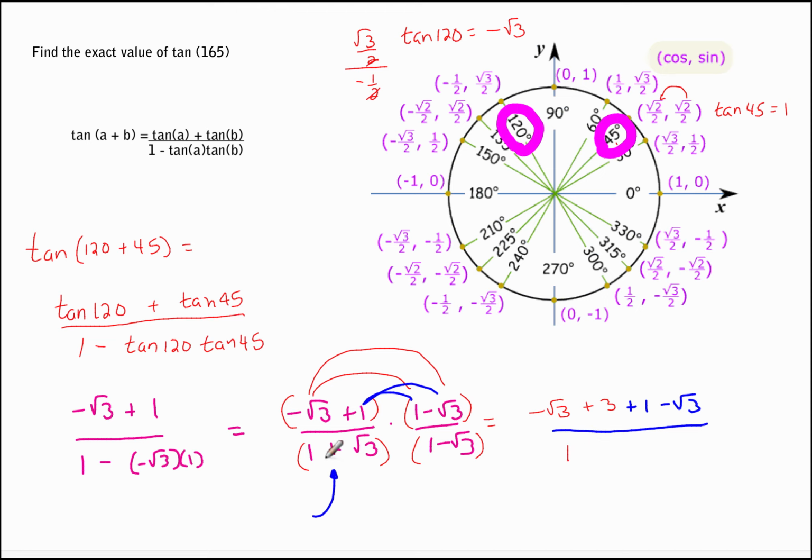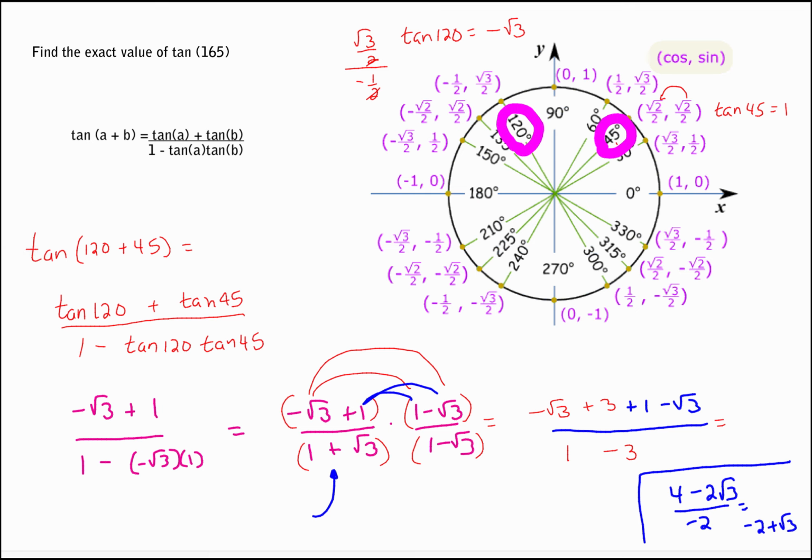So we're left with the front term, which is 1 times 1, and the back term, which is radical 3 times negative radical 3, which becomes minus 3. So this finally boils down to my answer of 3 plus 1 is 4, minus radical 3 and minus radical 3 is minus 2 radical 3, over negative 2. Well, wait a second, we're still not done because we can divide out here and we can get negative 2 plus radical 3.